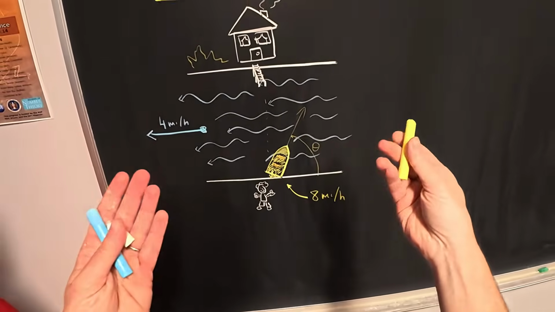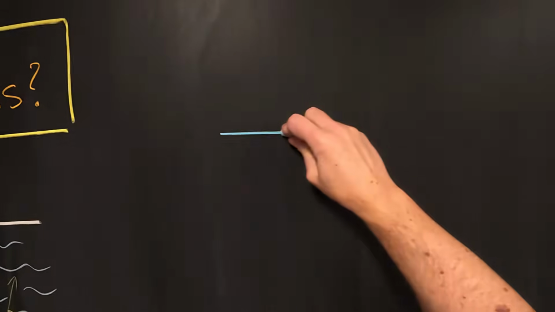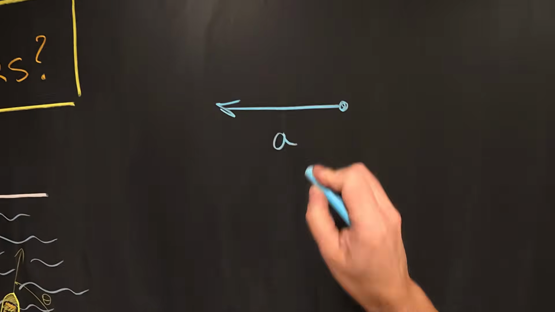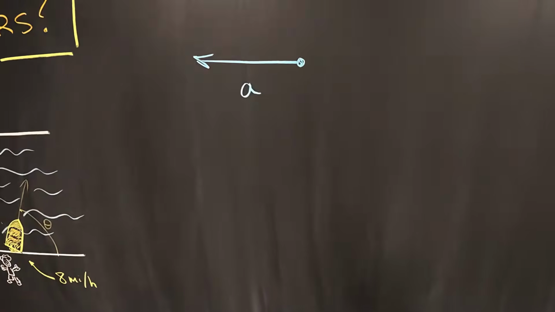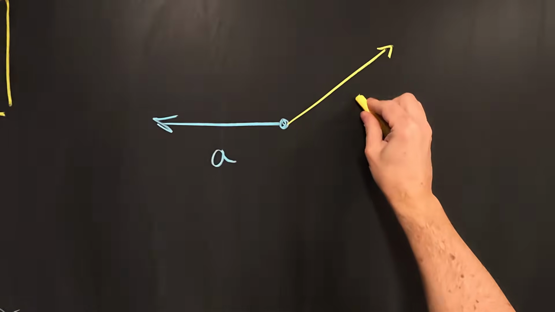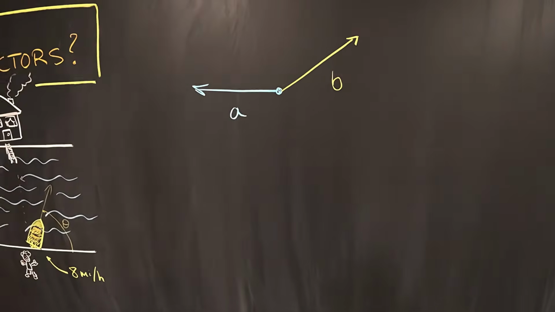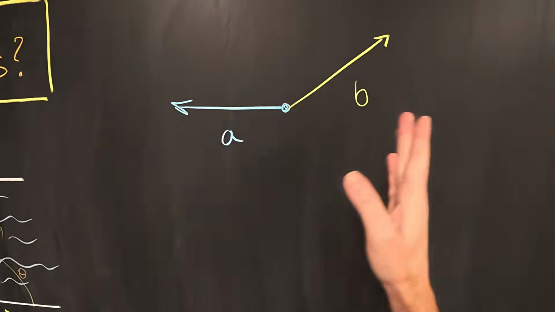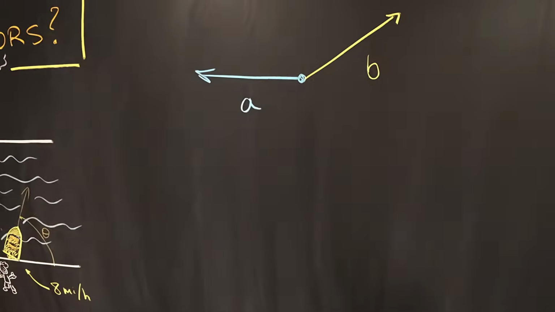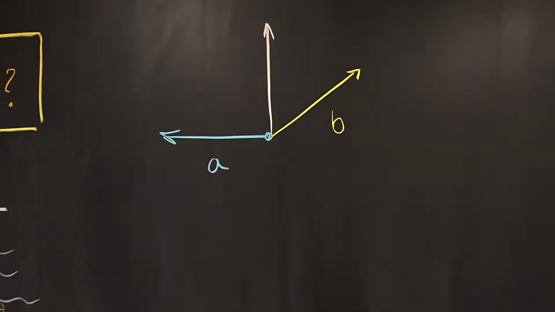So this is a problem that vectors can solve. What we have is a vector, which is the water current. Let's call it A. And we have another vector, which is our boat direction. So here is my vector B. And what I want is for the sum of those two vectors, these are two velocities for the boat, to end up being just a vertical direction.